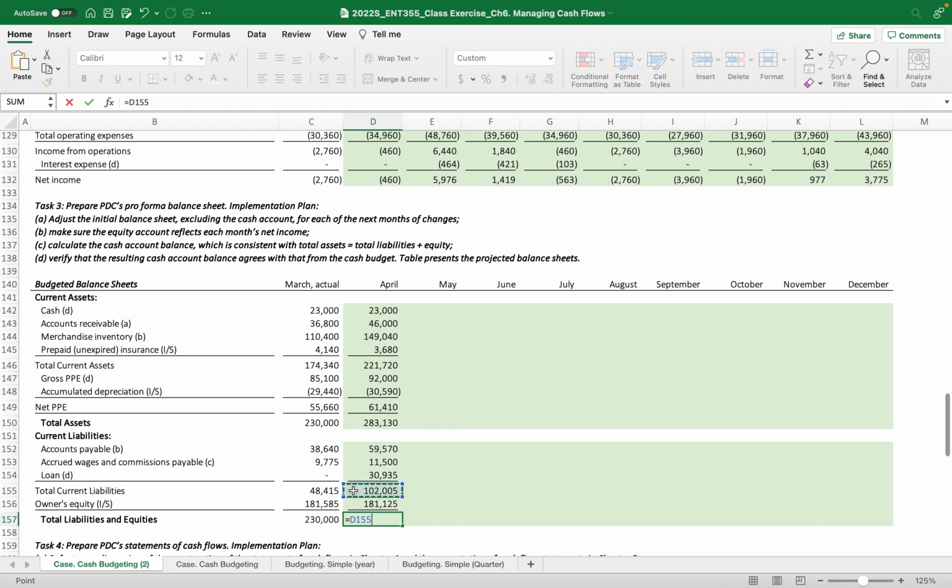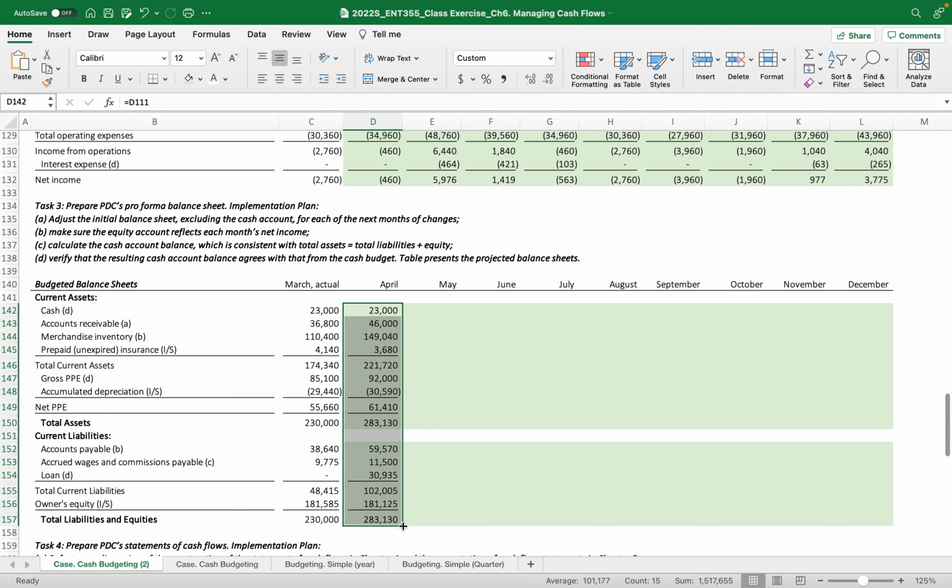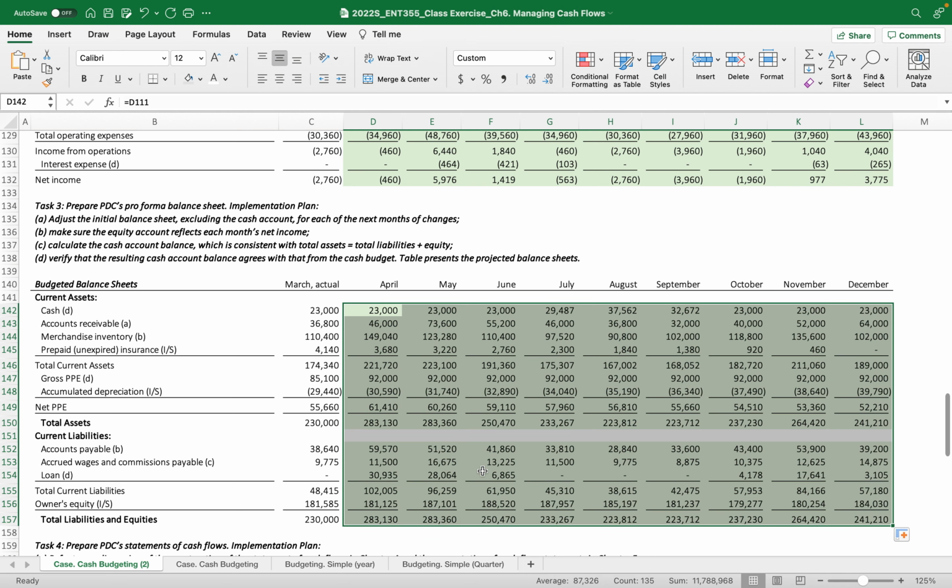Total current liabilities plus, the company doesn't have long-term liabilities. And then as you can see, we balanced out. Now let's drag to the right. Okay, then we exactly match it. All the total assets and liabilities each month.